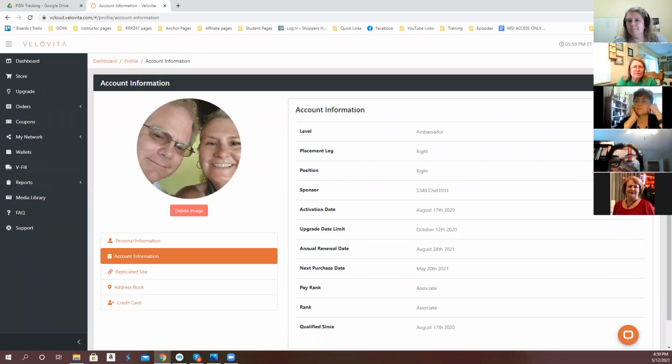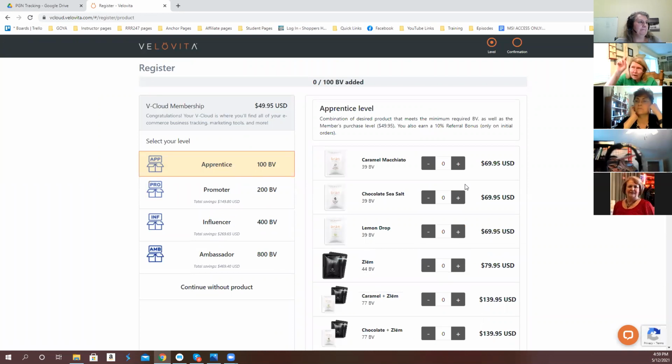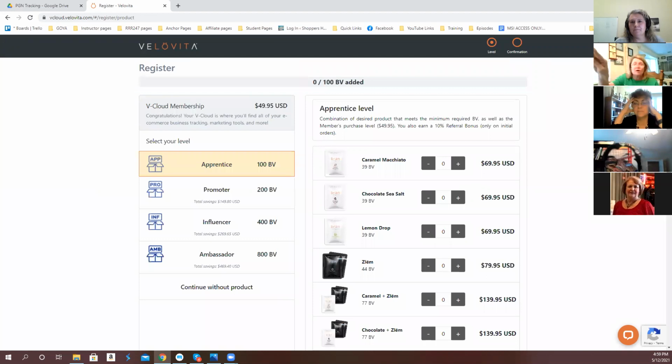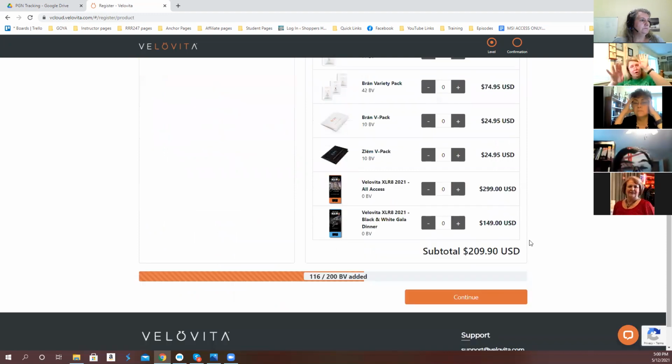One other thing, if you're actually walking somebody through and signing them up, if you're filling in the information for them, which some of my people end up wanting me to do for them, like if you're on the phone and they're at work, you can click where it says to add somebody and put them on one side or the other.